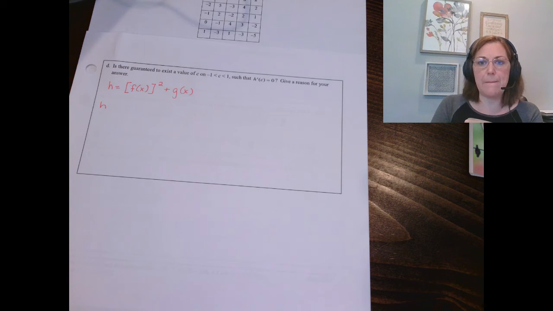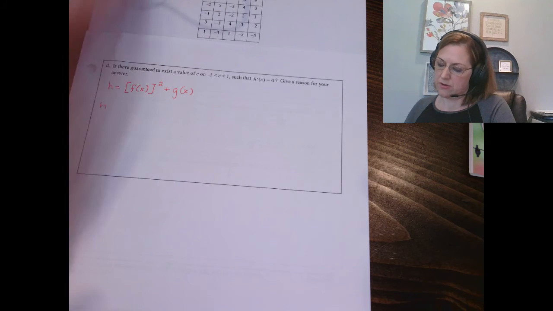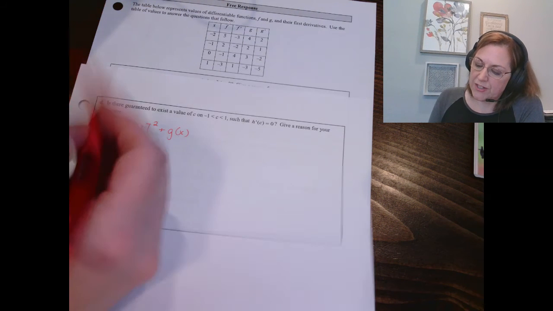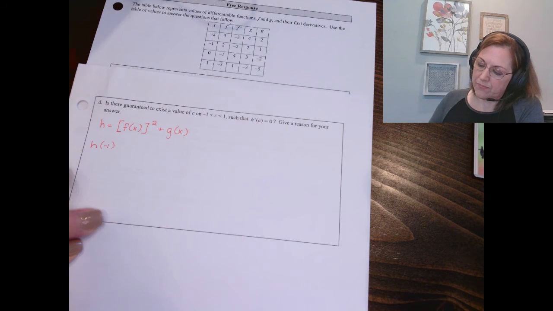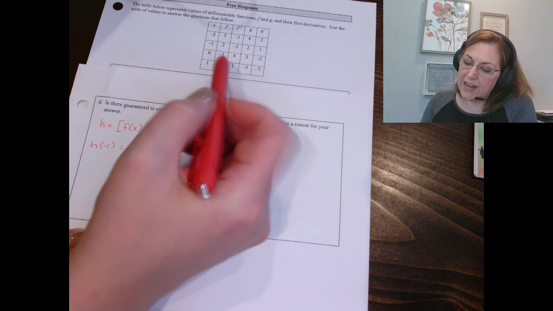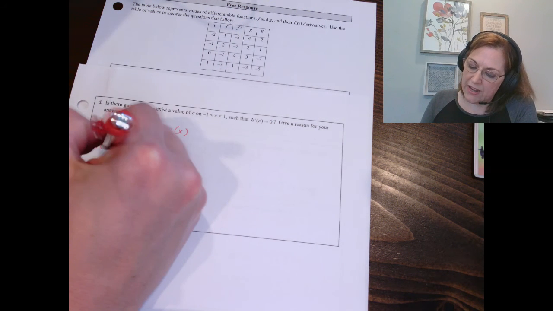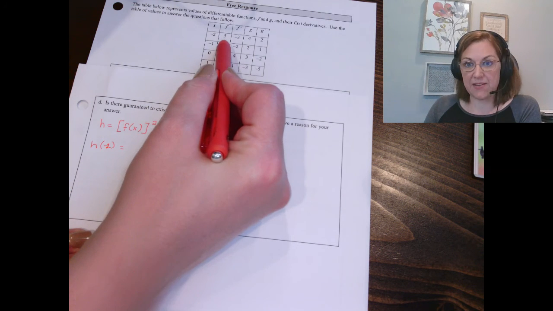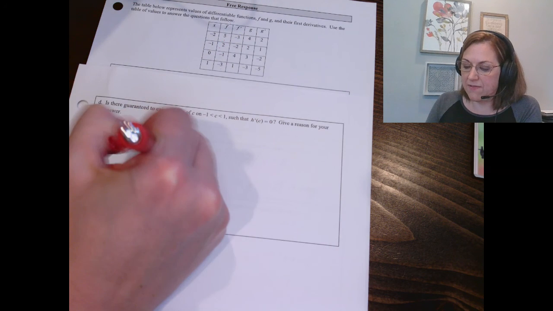So let's try -1. Actually, let's try -2 first. Let me pull it down here so you can see those values in the chart. Sorry, I was going to do it at -2. f of -2 is 5, so squaring that gives me 25.